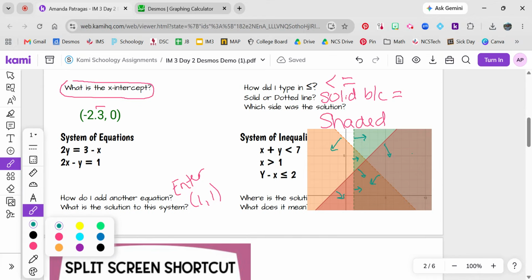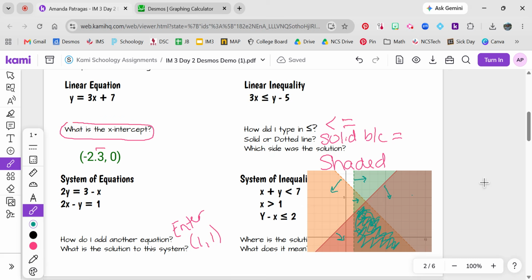So when we look at this graph, we want to say, where do all of those go together? And if you notice, we have all 3 arrows right here. So this darkest area is our shaded region. That is our solution. That means any point in this area would work in every single one of these inequalities.